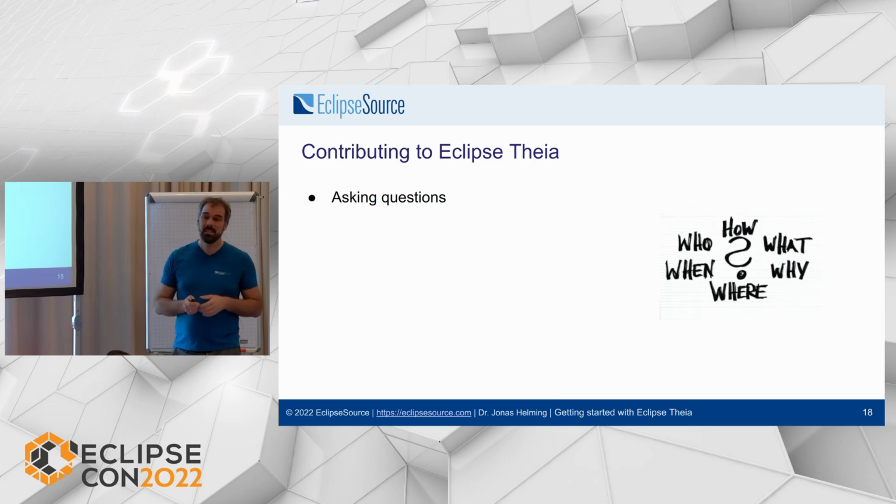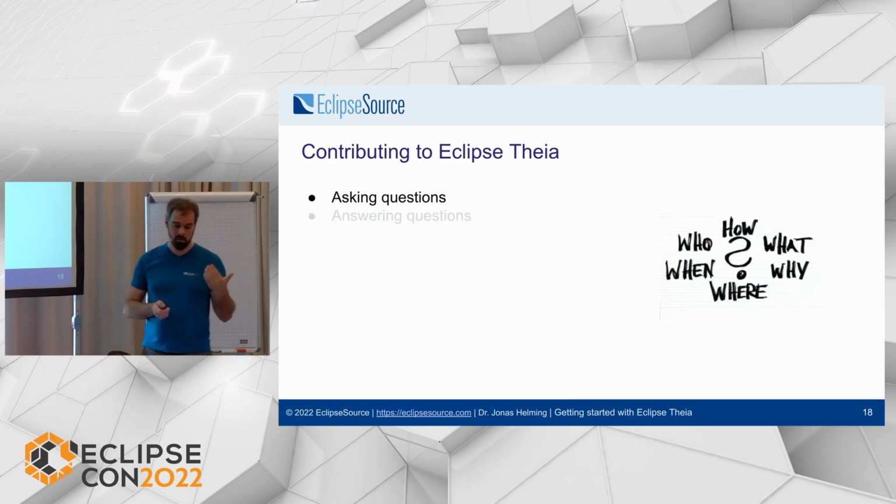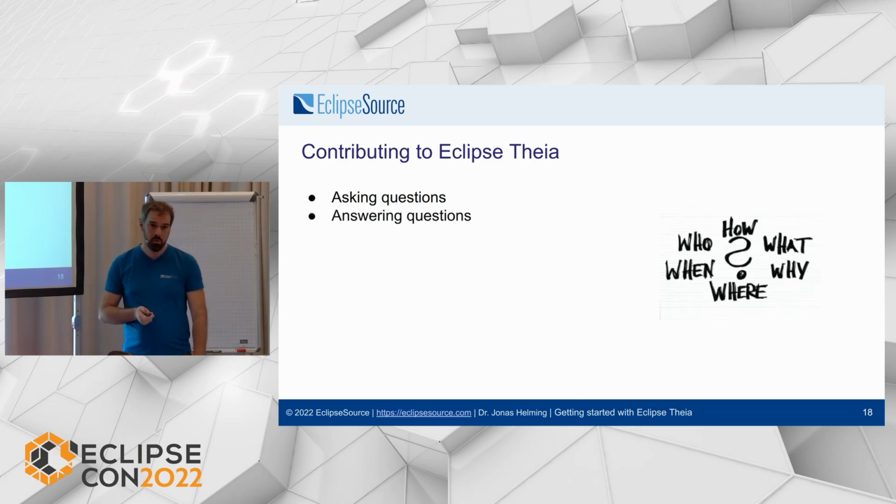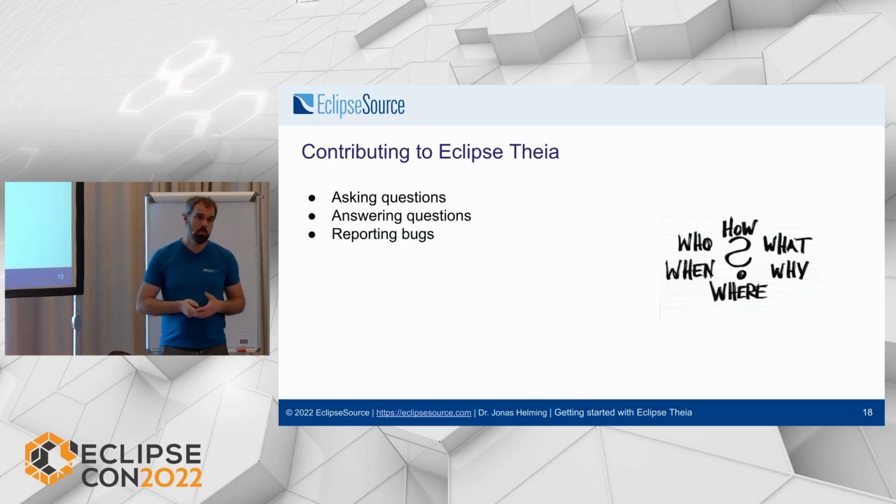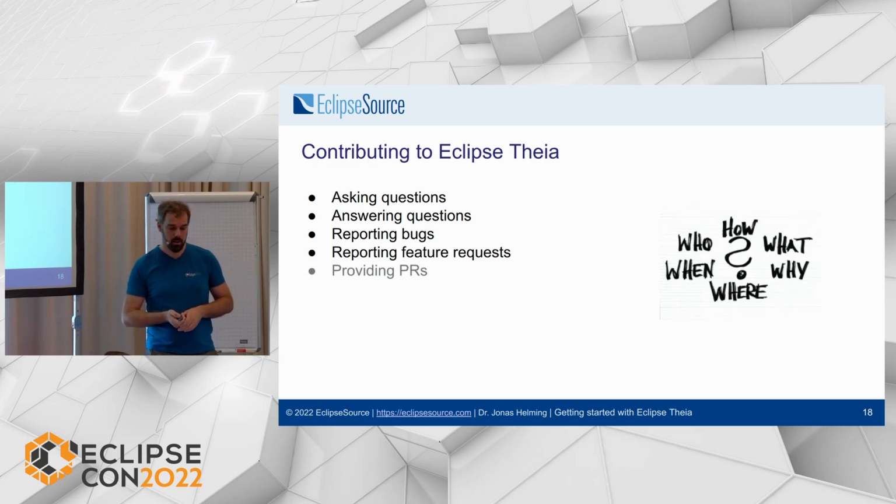Ask questions, that's already a contribution. If we can understand what you're struggling with, we can help you and we can improve documentation. Answering questions, if you know the answer, help others. Report bugs, report feature requests, even if you miss something, please report that. Even if you don't contribute that, we want to learn what the community and adopters want.